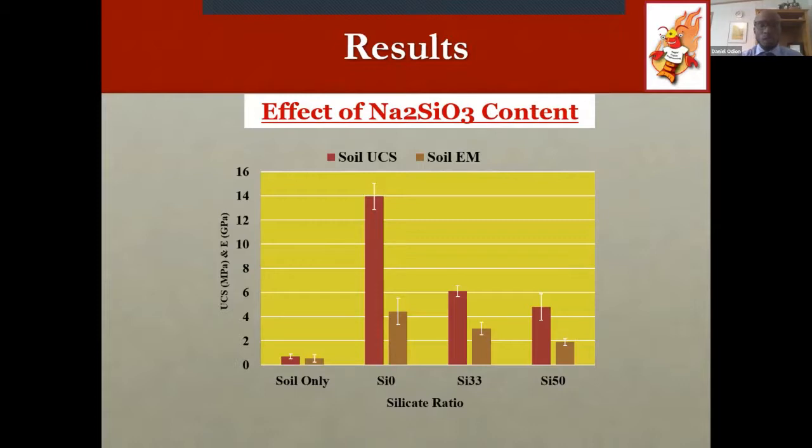What we thought this could be was because the soil and the fly ash, when combined, do not actually require silicate content because they already have sufficient silicate, knowing fully well that the ratio of aluminum to silicate is what determines the strength in any geopolymer. So addition of further silicate does not yield considerable strength for this geopolymer. A non-silicate content, otherwise called zero silicate, is actually the optimum value for this geopolymer.